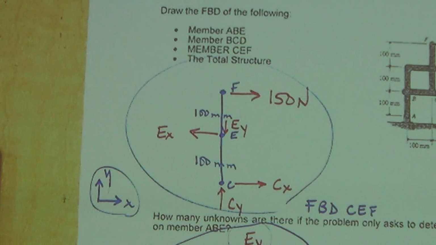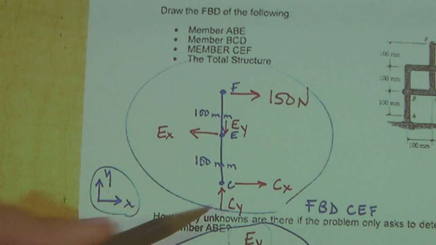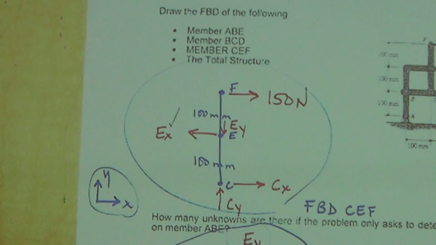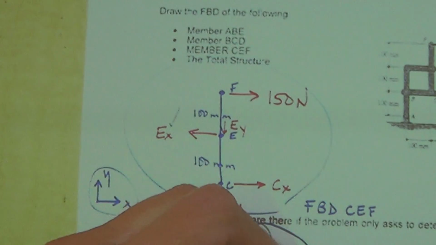We do sum of the moments about C, and it gives us an equation of EX with the 150. Put your hands up. Does everybody agree that we could find EX by doing sum of the moments about C? So we found EX now, and EX here.